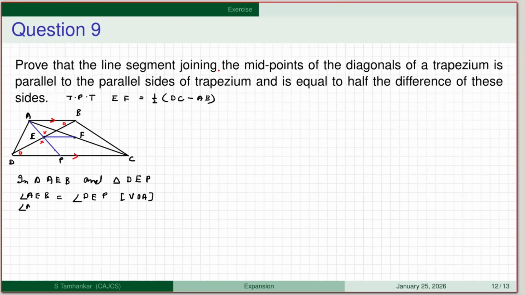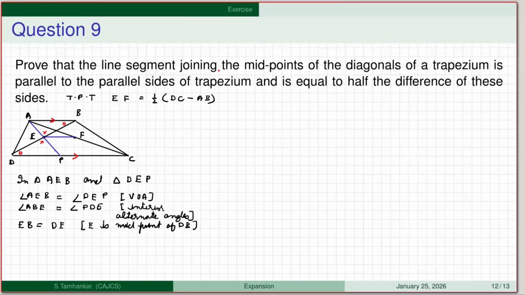We have angle ABE equal to angle PDE. These are interior alternate angles. And you have EB equal to DE. And what is the reason? E is midpoint of DB.